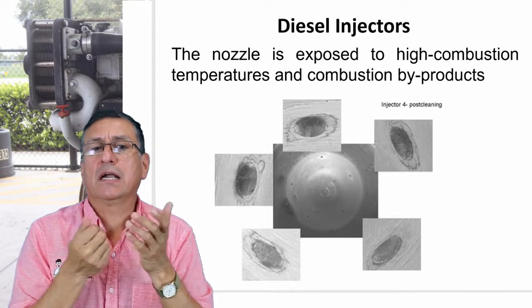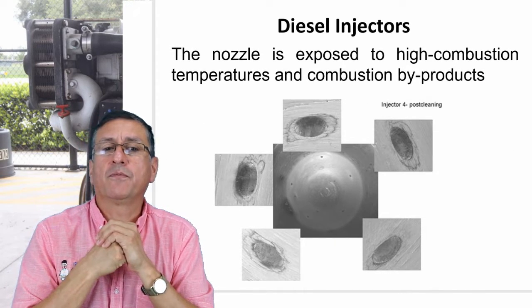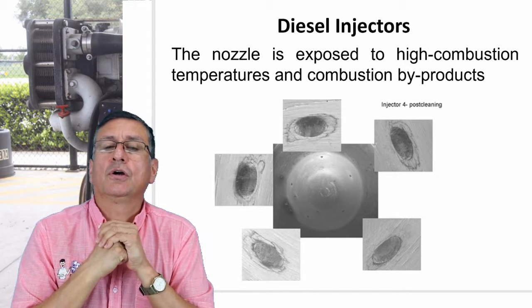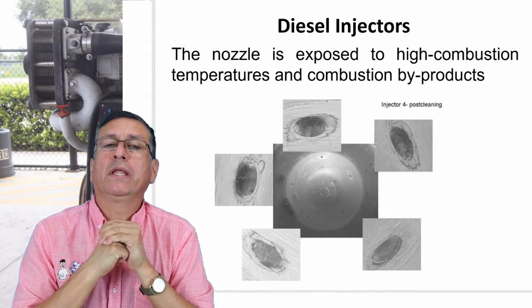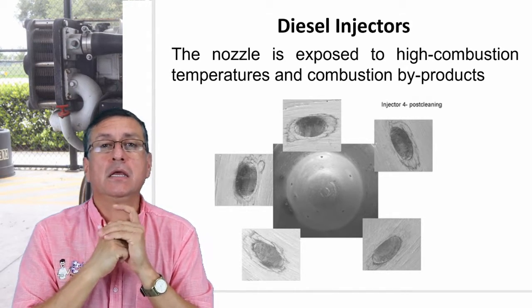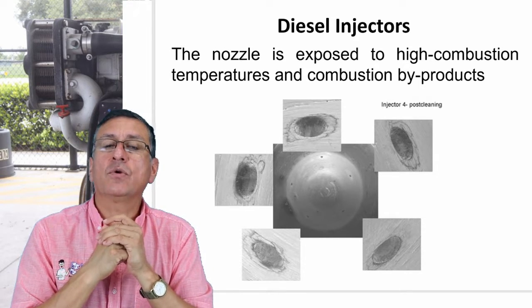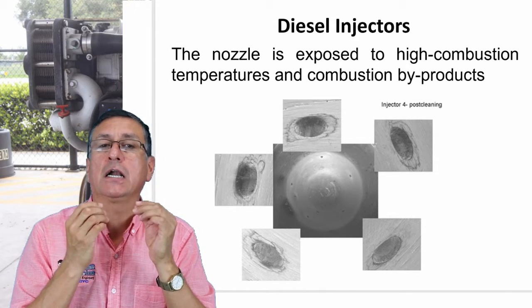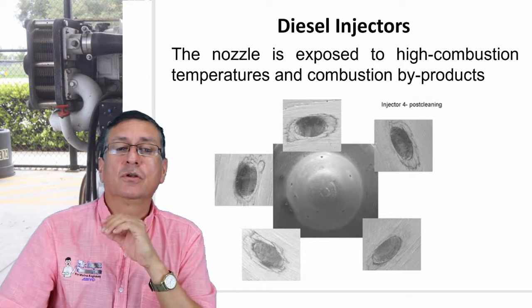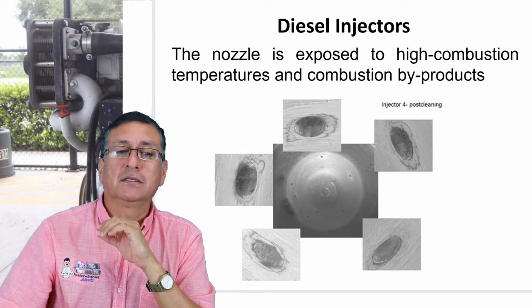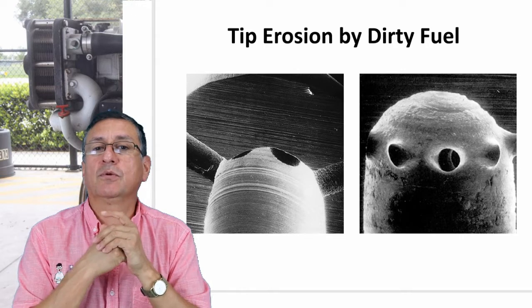All right, those are the different types of problems. Erosion: when the engine is running lean, the temperature of the head increases, the faces of the valves are melted, and the nozzle is completely melted. This is the typical situation.